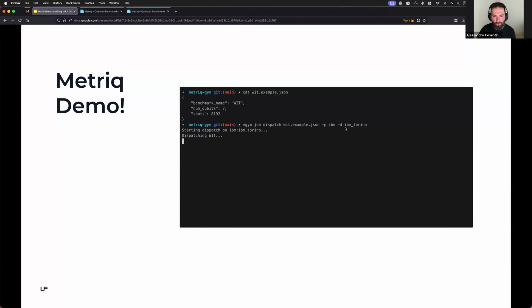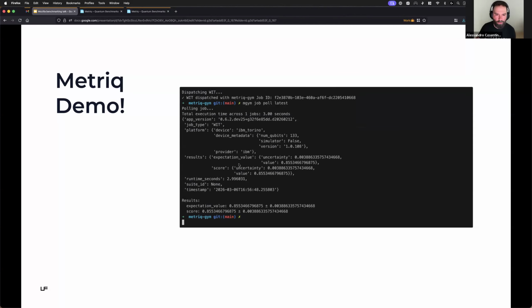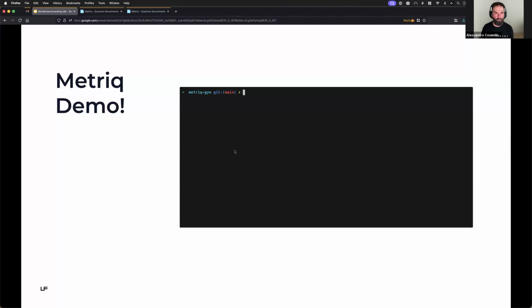In this case, I'm doing it to the IBM Torino device on the IBM cloud. I believe it's a 156 qubit job. There was no queue, so it finished quite quickly and I'm able to pull the result right away. And you can see this is actually the same benchmark, the same data point I was showing before, but on a different machine.